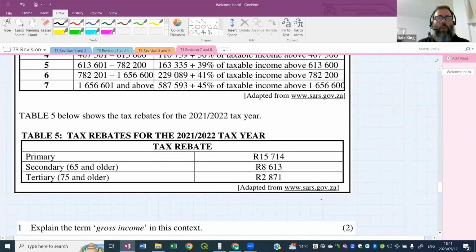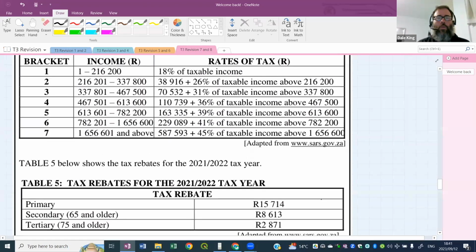Guys, I'm going to give you a few minutes to try this one. Show that someone that's 75 years and older and earns 151,100 Rand in a year, that's their income, will pay no tax.